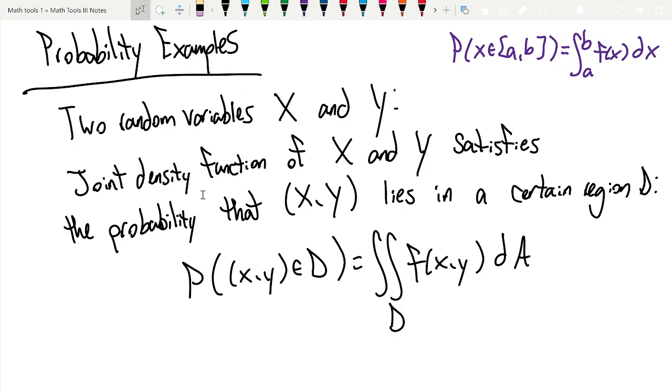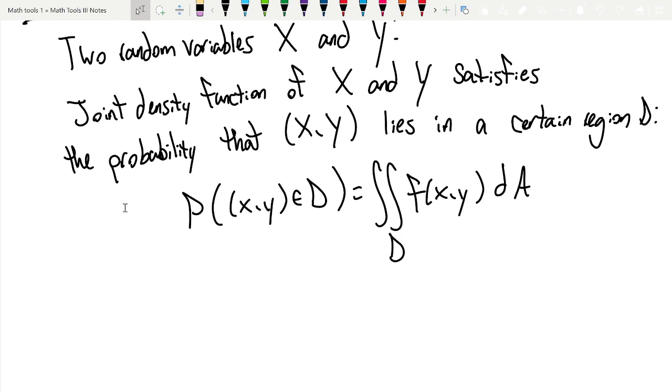So one key aspect of a density function is that when you integrate over the entire region of all of the possible values of x and y, you get 1. Just like with a discrete function, when you add up all the values, you should get 1. And it also always has to be positive, of course, because probabilities have to be positive.